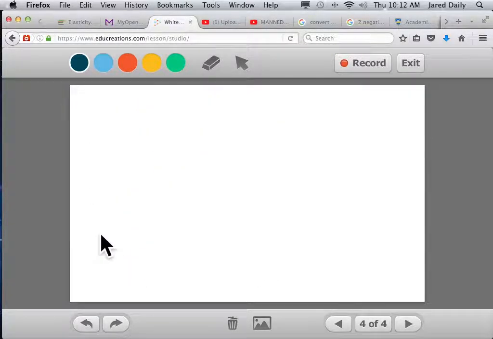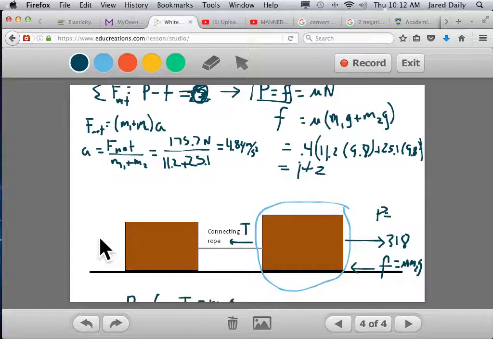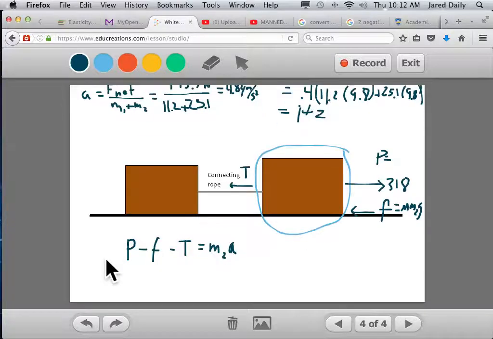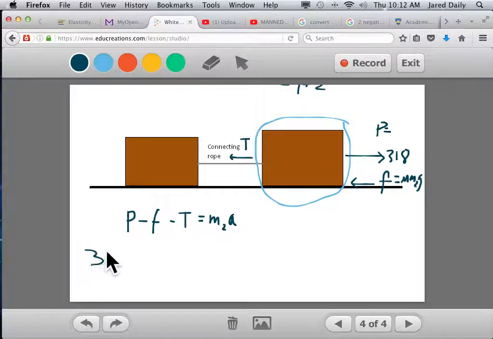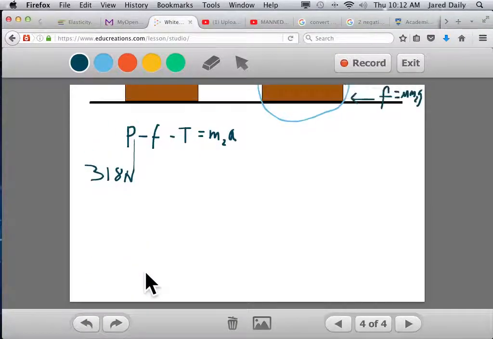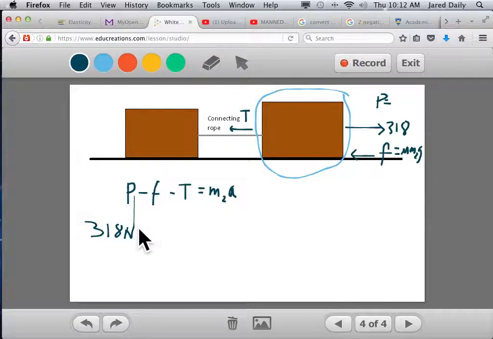So what is the pull? We know all these numbers except the tension. The pull is equal to 318 newtons, right? The friction is this thing right here, minus the mu times the mass of box 2 times gravity. We know those numbers.